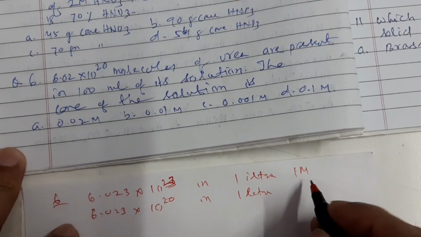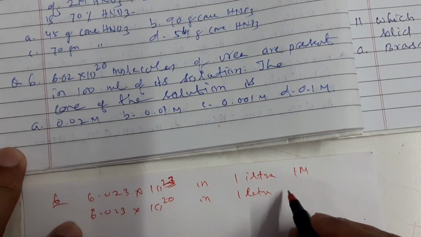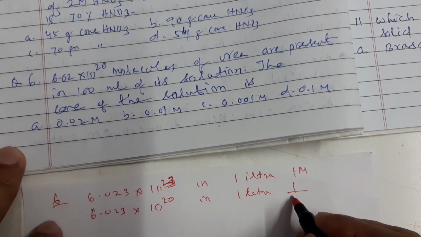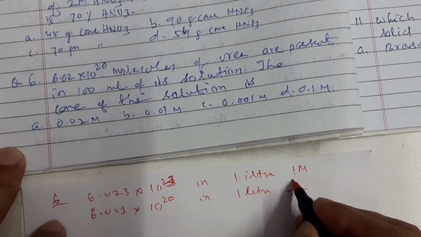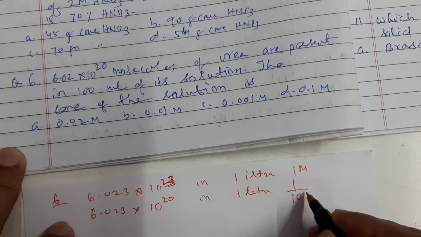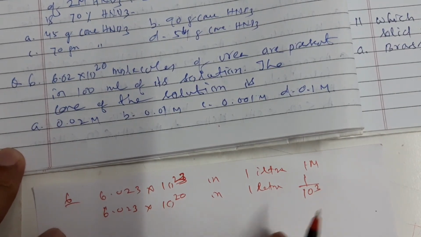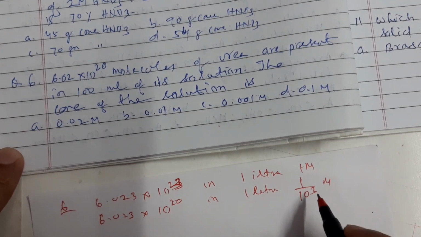How much is it? The solute is decreasing, so you will take 1 by 6.023, that is 10 to the power 3 molar.